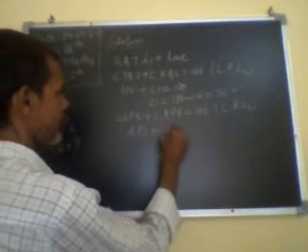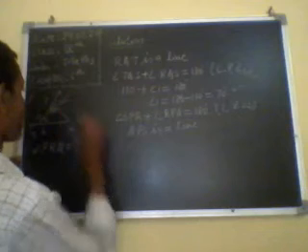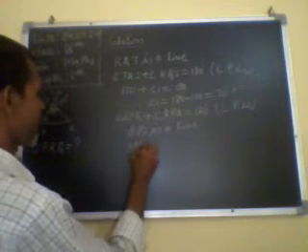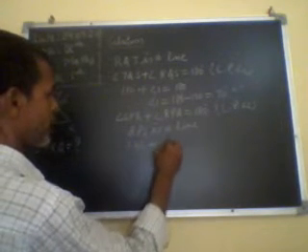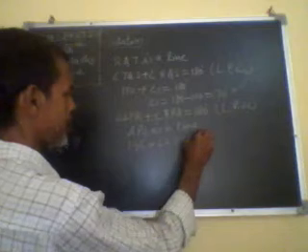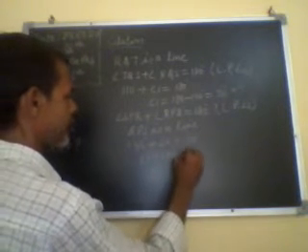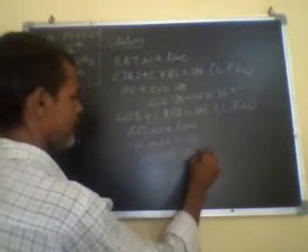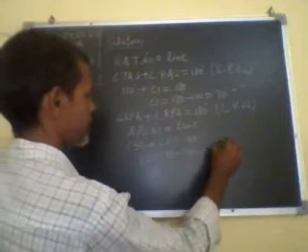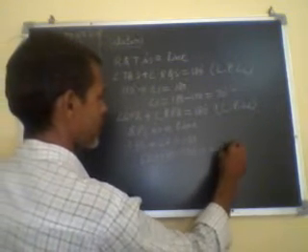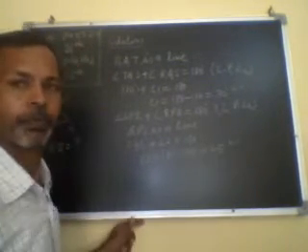QPS is a line. That's why SPR, which is 135, plus angle 2 equals 180. So angle 2 equals 180 minus 135, that is 45 degrees. This is the second angle which we have to find.